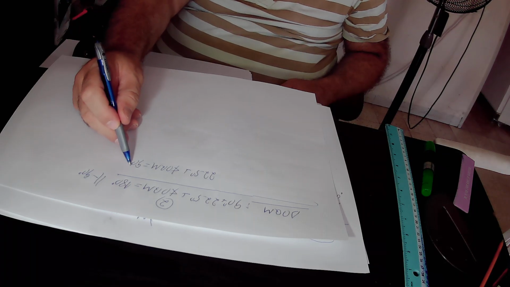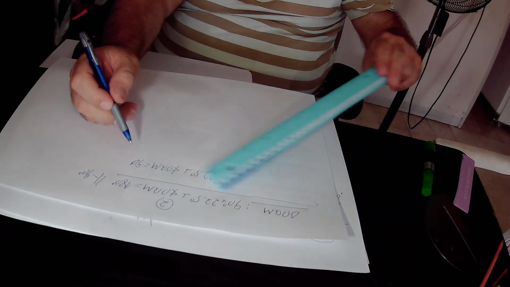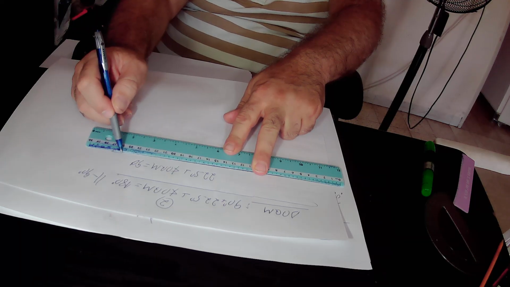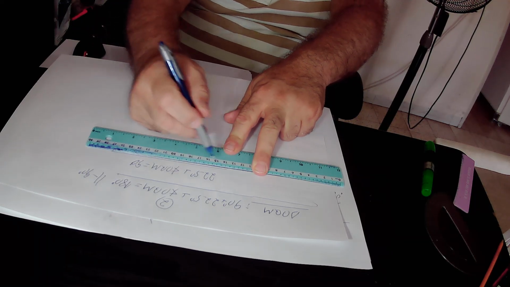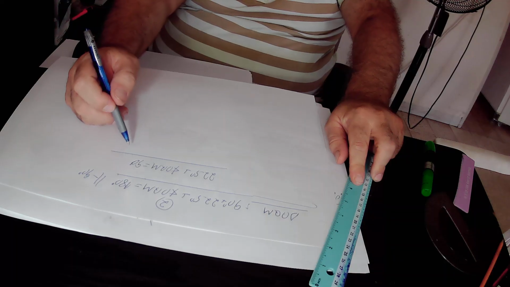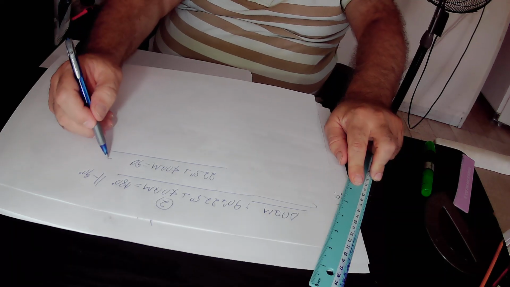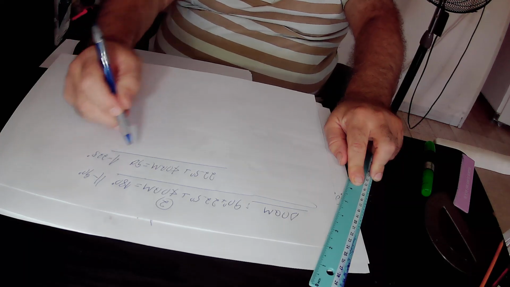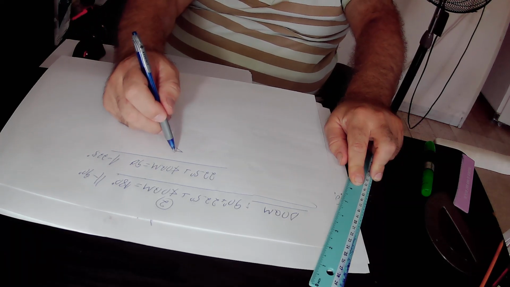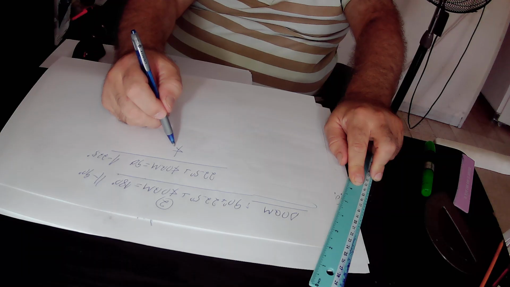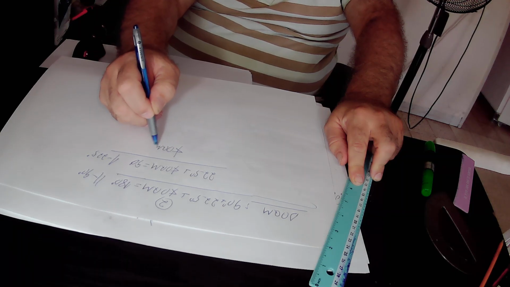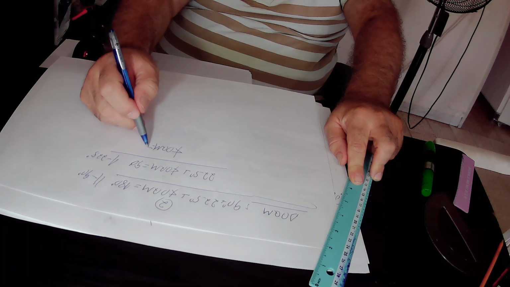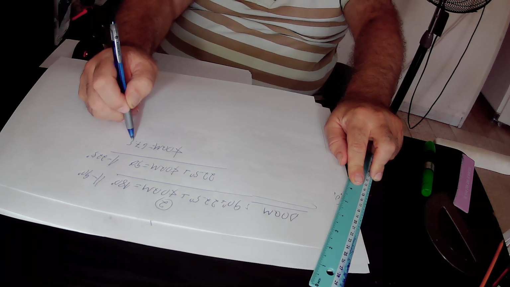So we found out that 22.5 degrees plus the size of the missing angle OQM, in total, must be equal to 90 degrees. Here we subtract 22.5 degrees from this equation and we get that the value of the missing angle OQM is 90 degrees minus 22.5 degrees, that is 67.5 degrees.